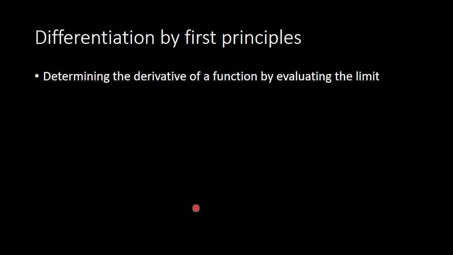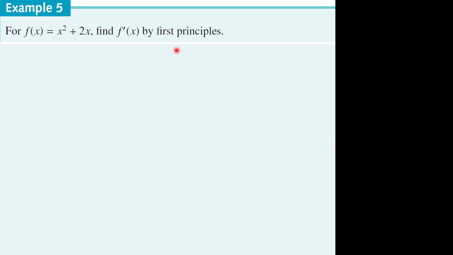Differentiation by first principles. Nothing new. It's determining the derivative of a function by evaluating the limit, which we've done before. So here we have a function. What you need to do is, your point P is at x, your point Q is at x plus h.